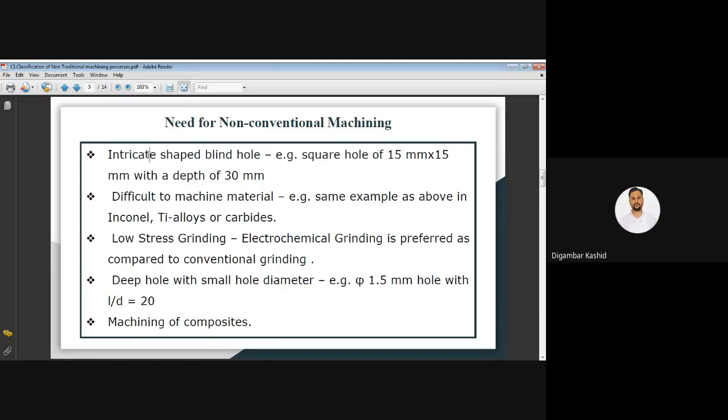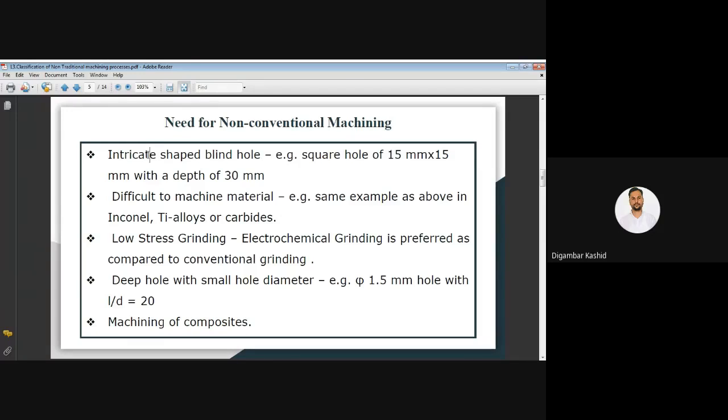Integrated means, in Marathi, we can call it guntagunti cylinder. The next need is for materials which are difficult to machine. To machine such materials, we need only advanced machining processes.